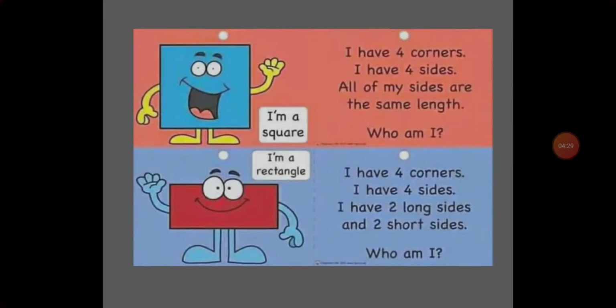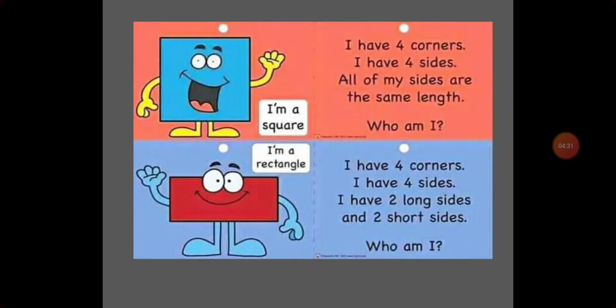Now, I have 4 corners and I have 4 sides. Now, all of my sides are the same length. This is very important. Remember, these are the characteristics that will help us identify the shapes we're talking about.